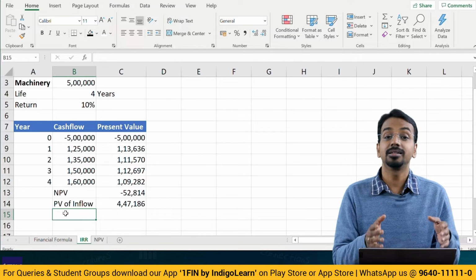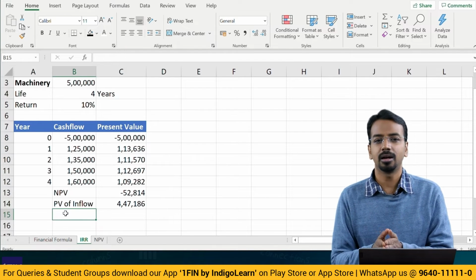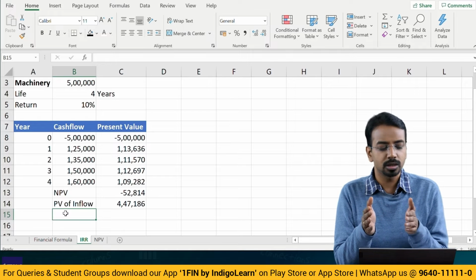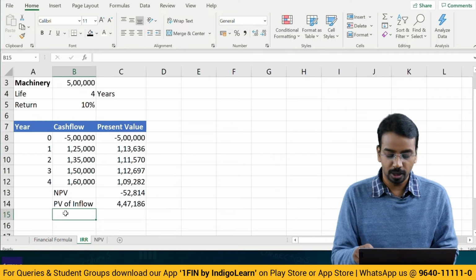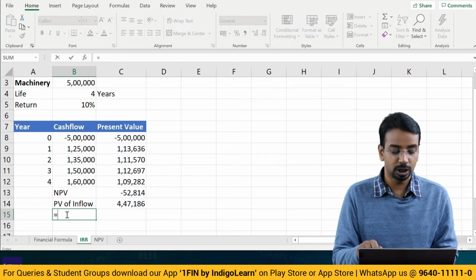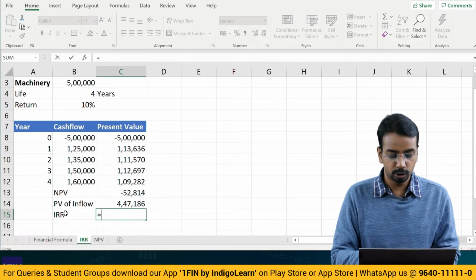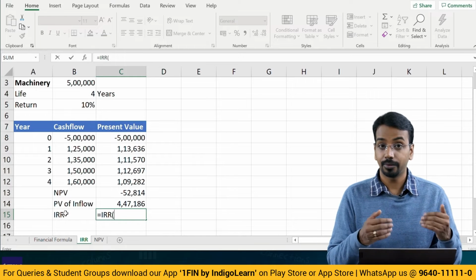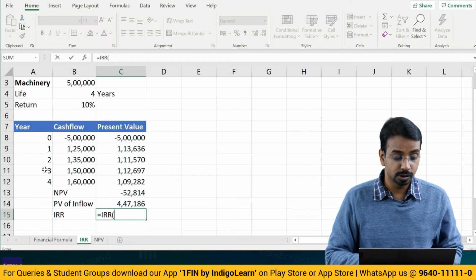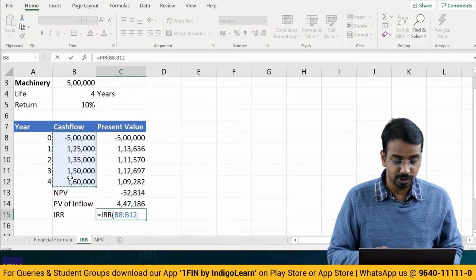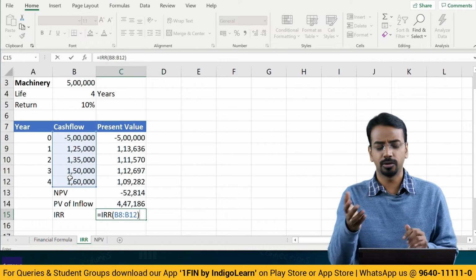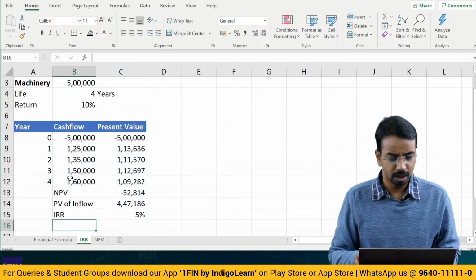And for that, there is a trial and error method to compute the IRR, which we do not need to do because now we have Excel with us. So let us see how do we compute that. Equal to IRR, then it says values. So you just need to select the various values that you have, and it says guess, you can exclude it, that's not mandatory.